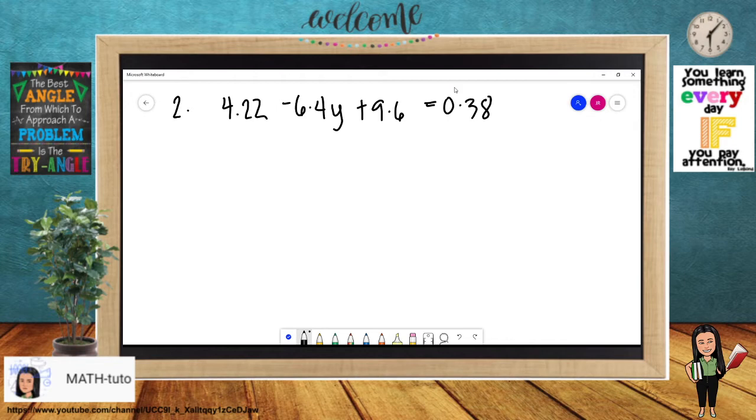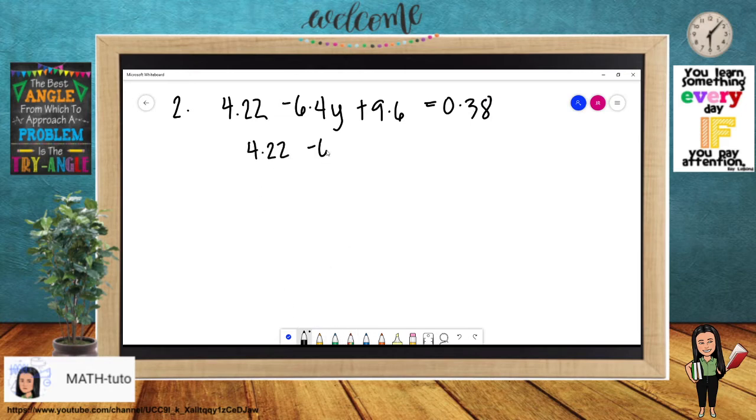Okay? So, if we want to eliminate the decimal, we will multiply all of the terms by 100. Kasi ang pinakamaraming decimal place ay dalawa. So, we will multiply all of the terms by 10 raised to the second power.